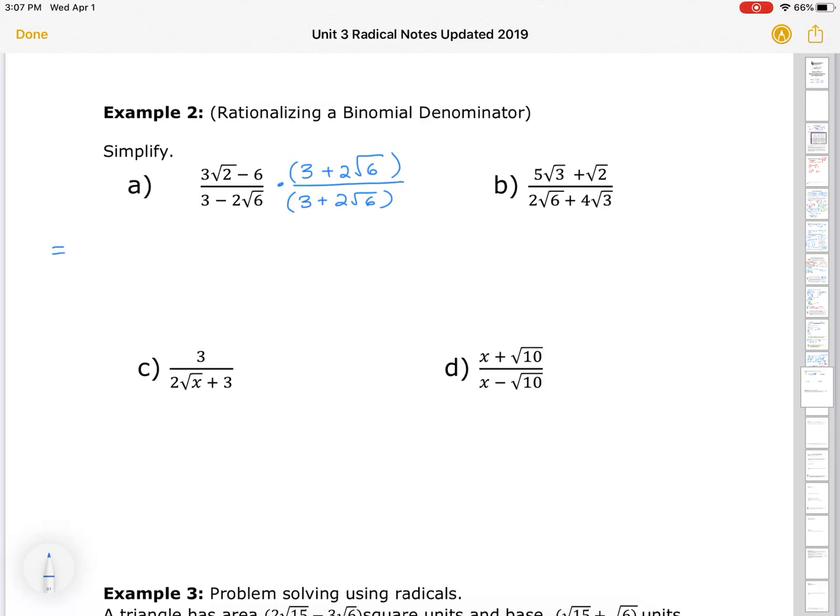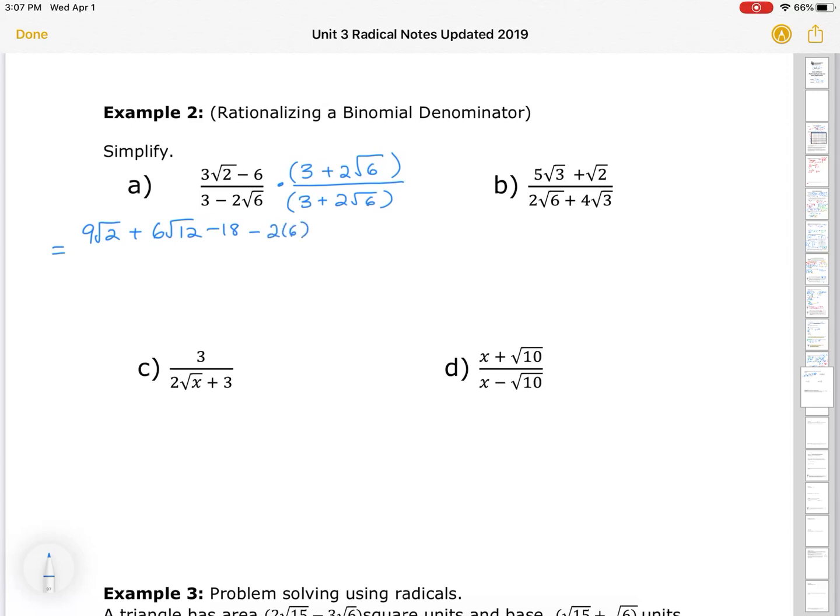So when I multiply through, on the top, I'm going to have to use FOIL. On the top, I'm going to get 9 root 2, because that's 3 root 2 times 3, plus my outer is going to be 6 root 12. My inner is going to be negative 6 times 3, which is negative 18.